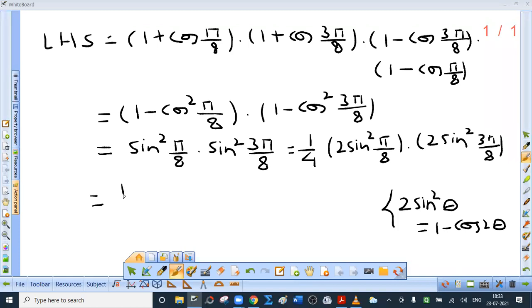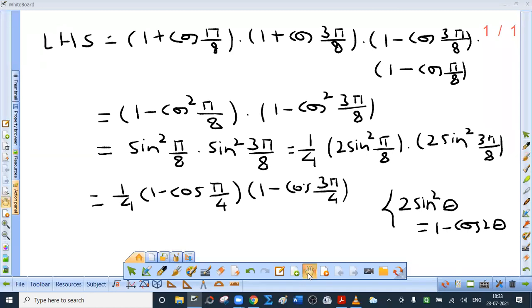See that formula cos 2 theta in various forms is very important. So I can say that this is 1 by 4, 1 minus cos of, what is 2 times pi by 8? Pi by 4. Do we know cos pi by 4? We are supposed to. Cos pi by 4 is 1 by root 2. Now, what is 2 times 3 pi by 8? It is 3 pi upon 4.